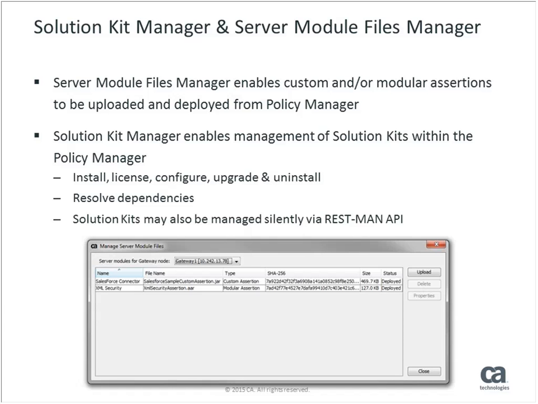The solution kit manager also helps to resolve dependencies, and I'll have a screenshot to show you how that looks. And last thing, solution kits can be managed silently via the RESTman API. So what this means is, whatever you can do in the policy manager GUI interfaces, you'll also be able to do headlessly within the RESTman API.